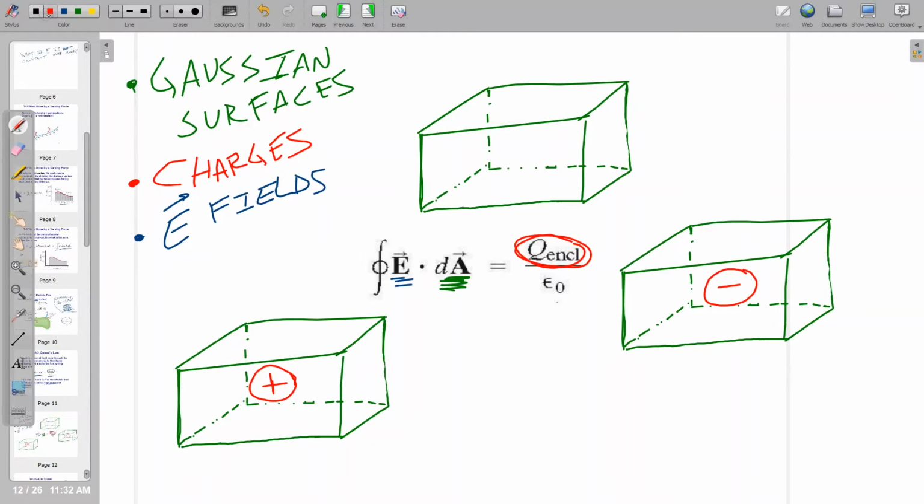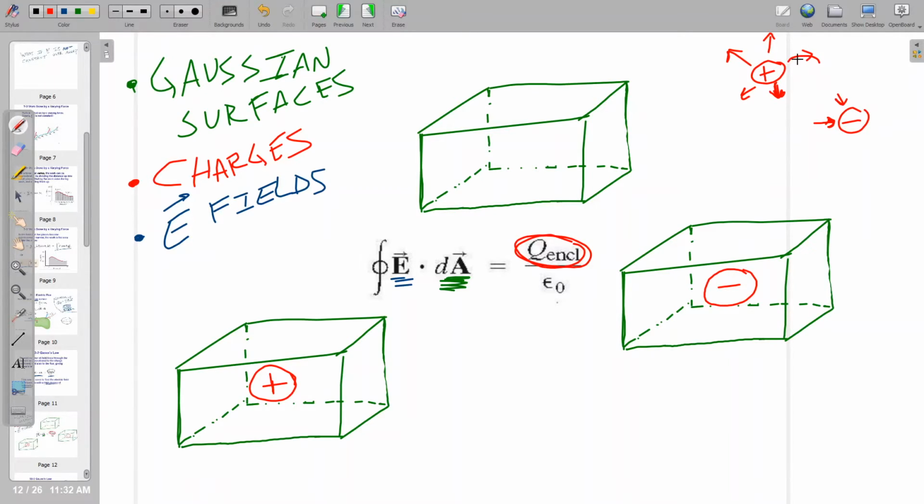So if I have a positive charge here and a negative charge here, then the electric field lines are going to point out from positive charges, and they're going to point in towards negative charges. We're just making an analogy between electric field lines and air blowing. This positive charge is a source of electric field lines.